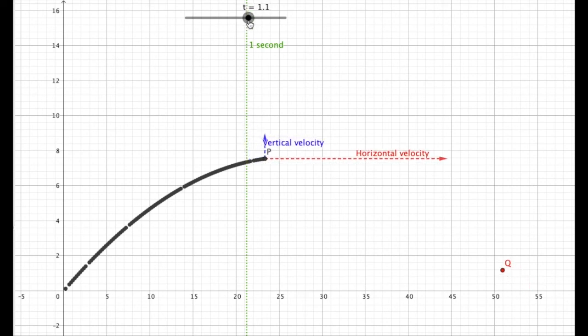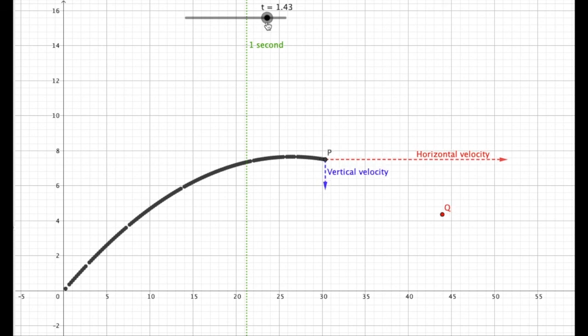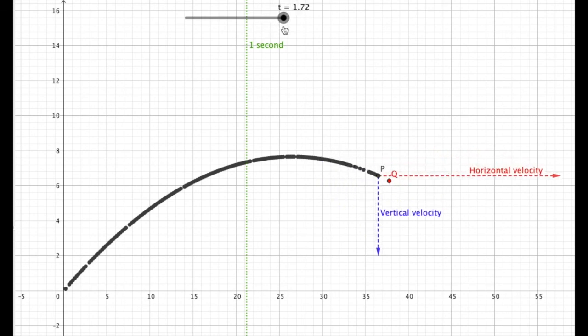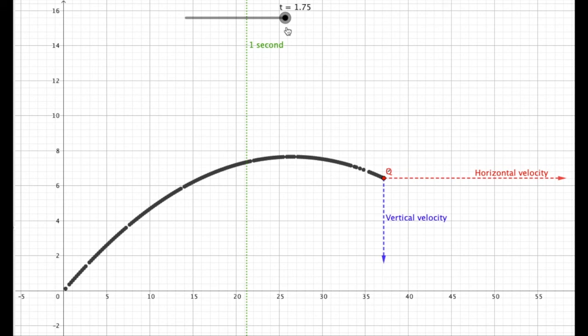But as we continue on, we get to a point where it's at its peak, and the vertical velocity is 0, and then the vertical velocity becomes negative and it starts dropping down until we get to the point where there is a collision. So that shows nicely how the two components change differently with the motion.